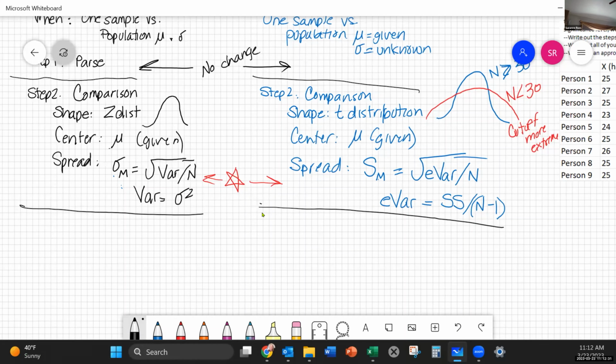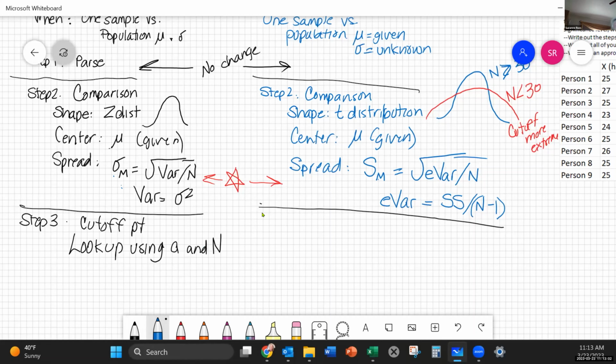So in step 3, where we're looking up the cutoff point, there's essentially no change. The only change, we're going to look it up in both cases using the significance level, alpha, and n.